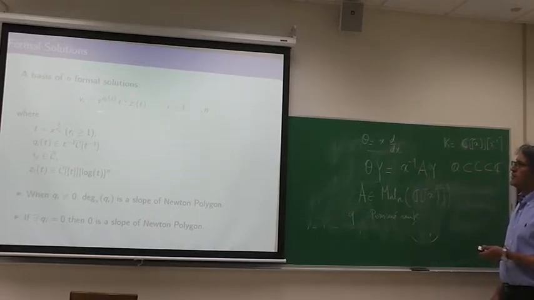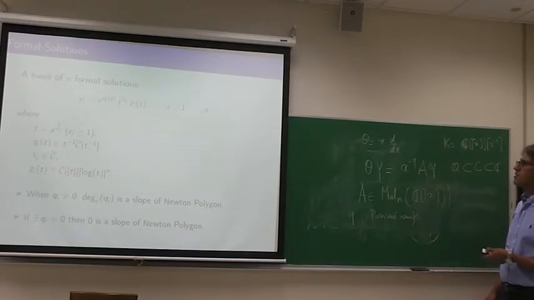We refer to this part as the exponential part of the solution. If this q sub i is non-zero, then the degree with respect to x, which is a rational number, that is the degree with respect to t divided by the ramification, is the slope of the so-called Newton polygon of the system.